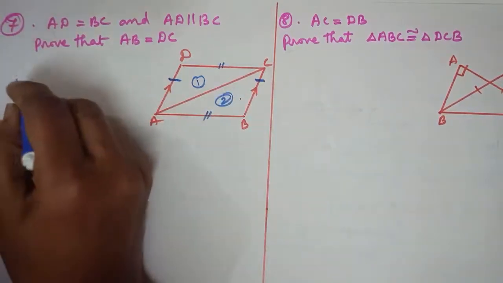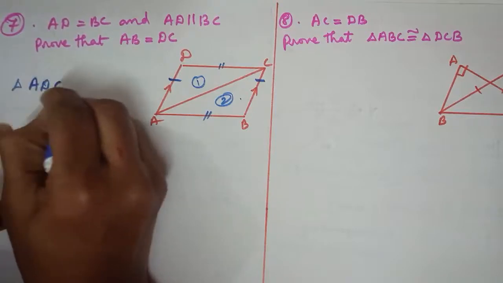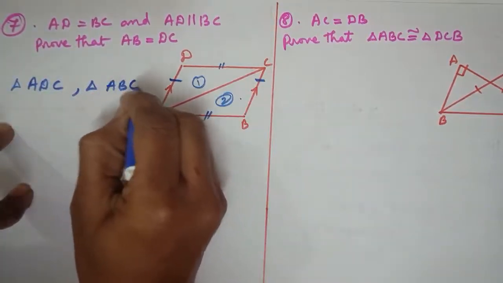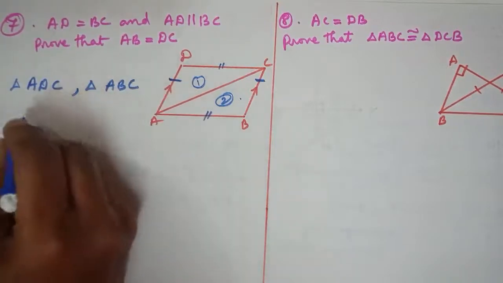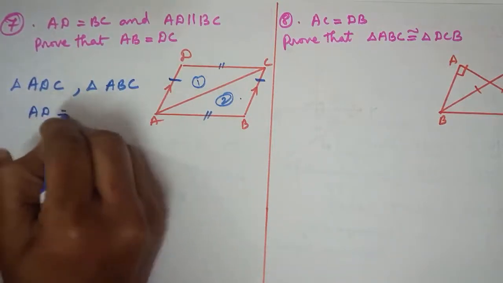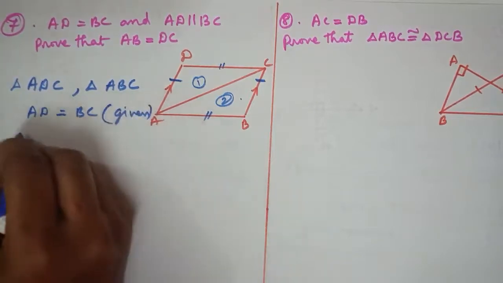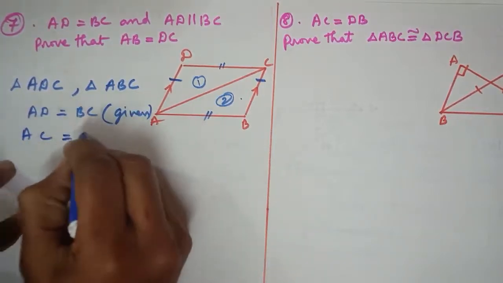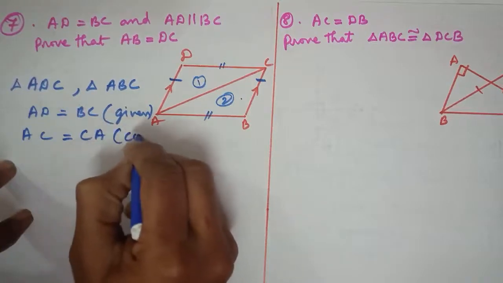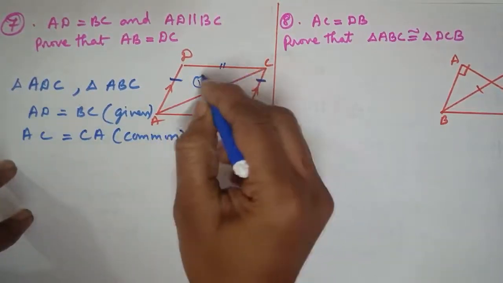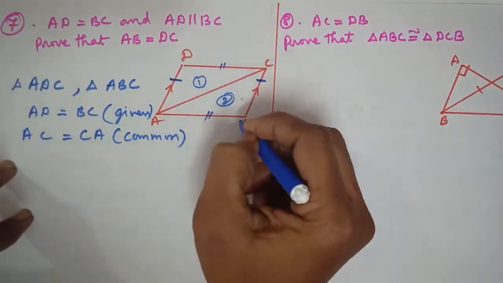So triangle ADC, triangle ABC. Here, students, listen, AD is equal to BC because given. Then AC is equal to CA because of the common side. This is the common side of this triangle and of this triangle also.